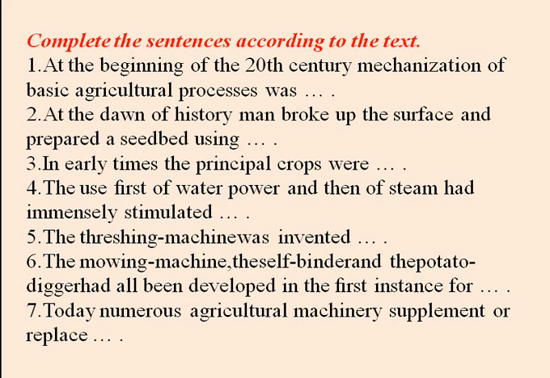At the beginning of the 20th century, mechanization of basic agricultural processes was... At the dawn of history, men broke up the surface and prepared a seedbed using... In early times, the principal crops were... The use first of water power and then of steam had immensely stimulated... The threshing machine was invented... The mowing machine, the self-binder, and the potato digger had all been developed in the first instance for... Today, numerous agricultural machines supplement or replace... Now, find these sentences using the text and complete them.